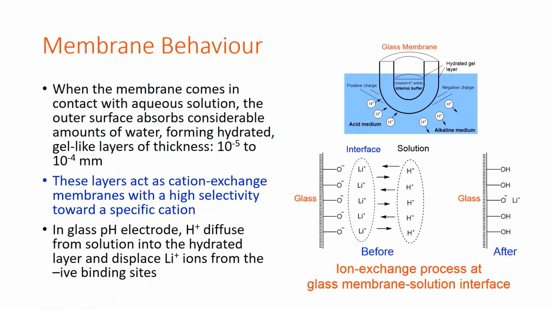In the glass pH electrode, this is the hydrated layer, and it is in contact with H ions. The H ions diffuse from the solution into the hydrated layer and displace lithium ions from the negative binding sites.